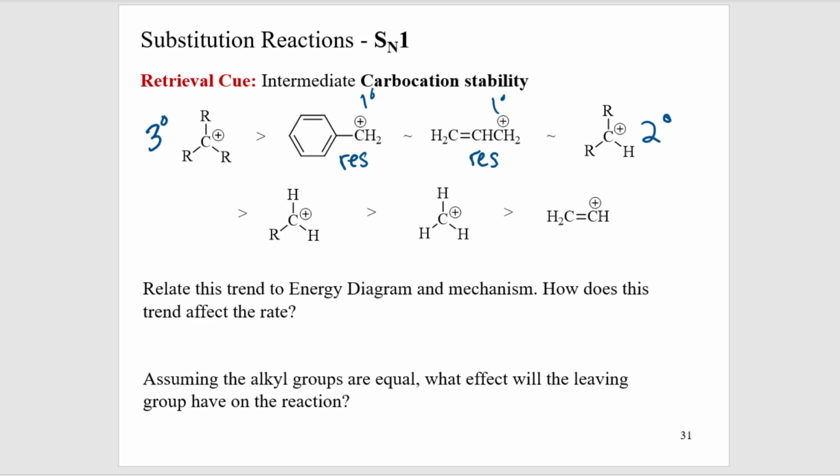And then secondary is better than primary, is better than a methyl. And we don't even want to talk about vinyl. Vinyl is a no-go. It's so unstable that we'd never see vinyl halides undergo SN1. That's why I was having you highlight the alkyl halides and not the vinyl halides, because you can just exclude vinyl halides from undergoing this chemistry.